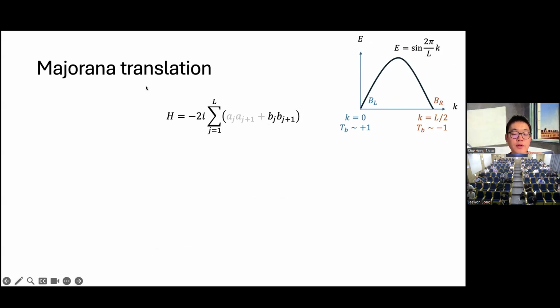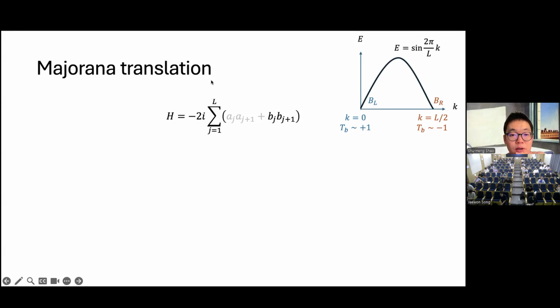So we can just focus on the B Majorana fermions. Its dispersion relation is a sign function, as I alluded to earlier in the talk. Near k equals 0, you have the left-moving Weyl fermion. Near k equals pi, or k equals L over 2 in this convention, you have a right-moving fermion.